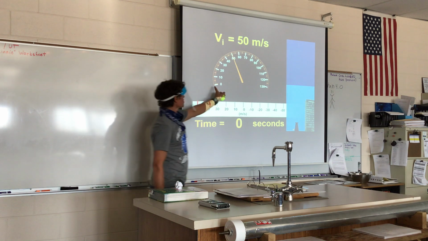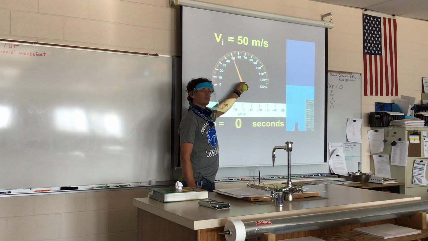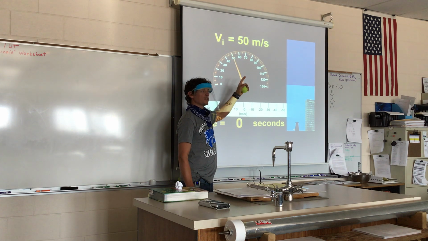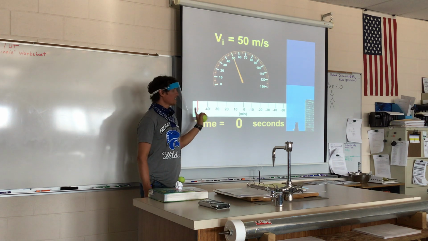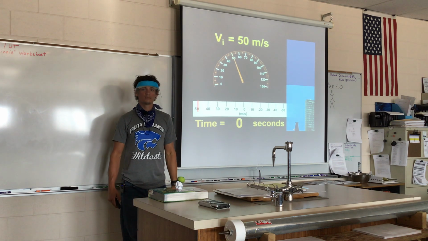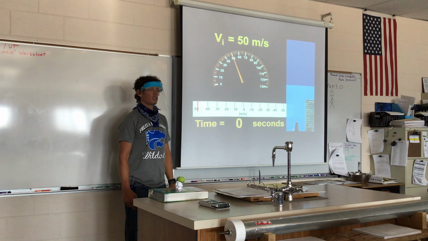You notice this right here doesn't take into account the negative direction. This is a speedometer. It measures scalar speed. Now this takes into account the negative. So what might we call it? Hint, it's measuring velocity.